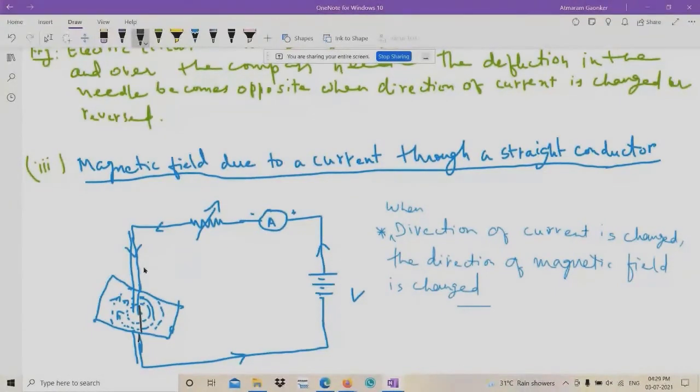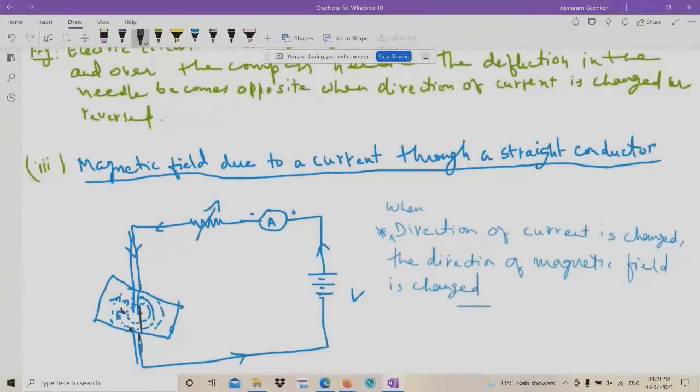We place a paper, a plane, over here, and it is seen that the magnetic field lines by a straight conductor are concentric lines.